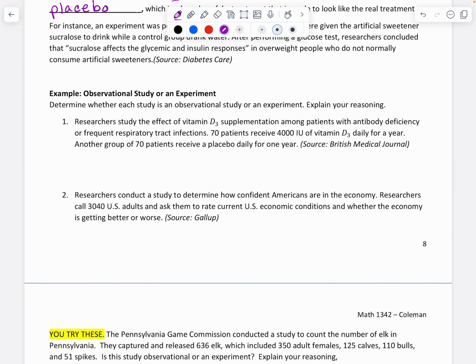So, example, researchers study the effect of vitamin D3 supplementation among patients with antibody deficiency and frequent respiratory tract infections. 70 of them received 4,000 units of vitamin D daily for a year. The other group of 70 patients received a placebo for that year. So what is this? Well, this is clearly then an experiment. Again, it says explain your reasoning. Why? Because we have a treatment group.